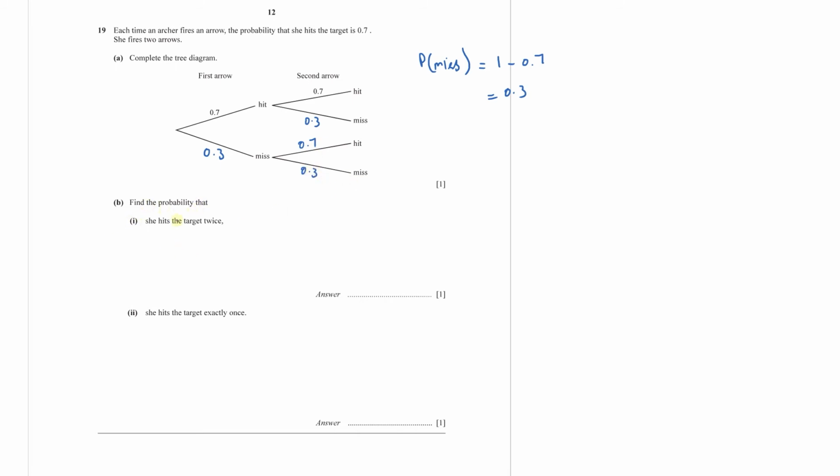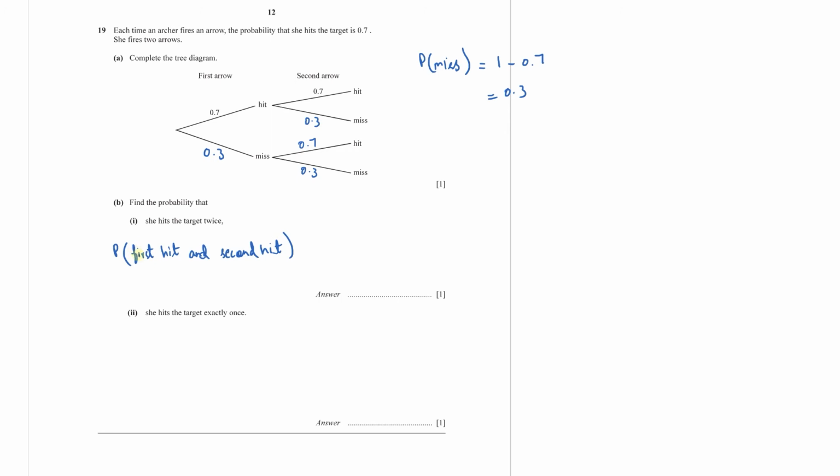Find the probability that she hits the target twice. So you need to find the probability of hit and hit. So actually, let me write it more clearly, which is the probability of first hit and second hit.